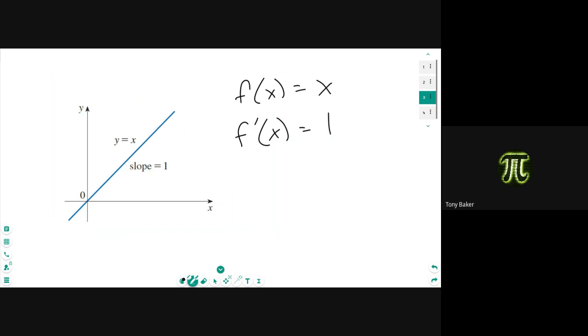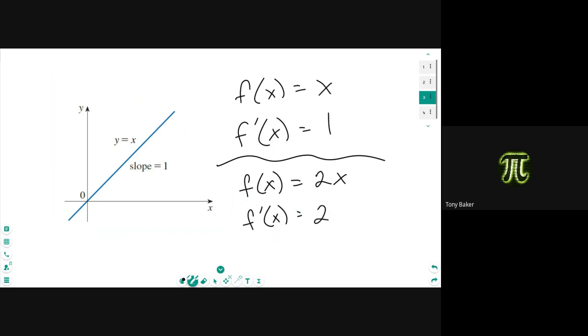Okay, because it all stays the same, right? Now, what if I had f of x equals 2x? What would the f prime of that be? It would be 2, right? Again, it's just telling us the slope, correct? Now let's go a little more complicated. Those are the simple ones.